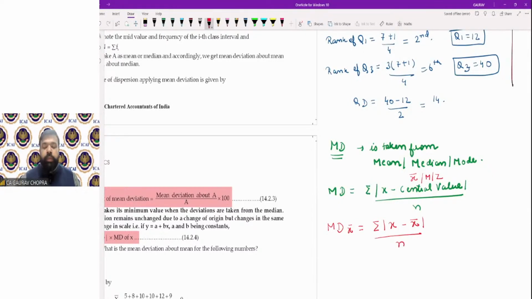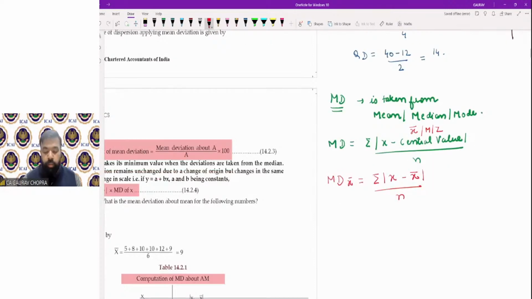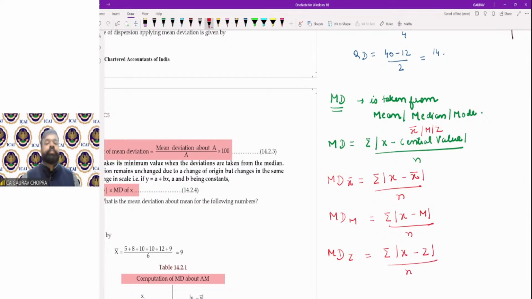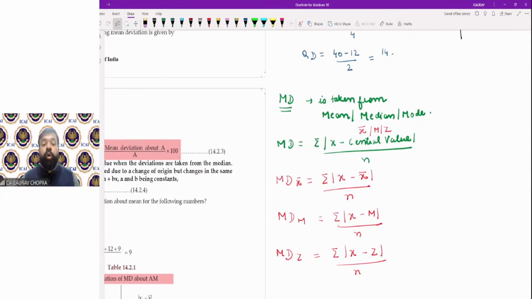Mean deviation from median: if we have to calculate mean deviation from median, then the formula will be sigma mod x minus M upon n. And if mean deviation is from mode, then sigma mod x minus Z upon n. So all these are the formulas for mean deviation.